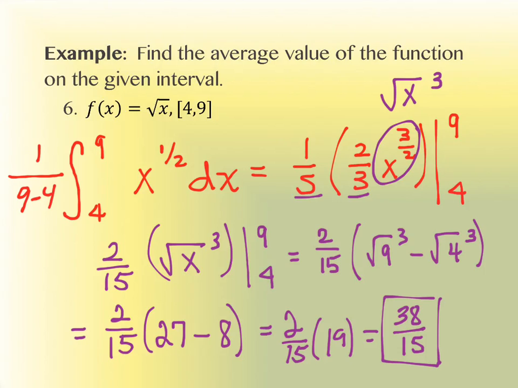Okay, so as a visual way to check, make sure that you're actually not too far off, so to speak, take your calculator, and what I want you to put in your calculator is the original function, square root of x, and you just need to graph it between 4 and 9. Okay, so from x equals 4 to x equals 9.